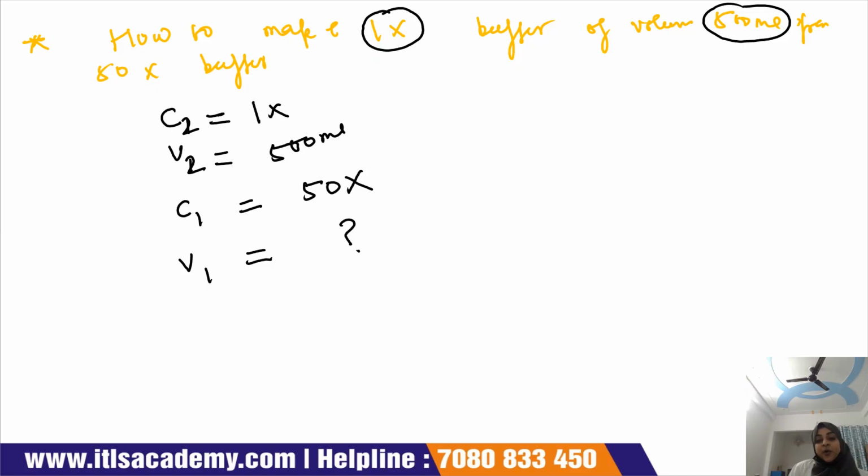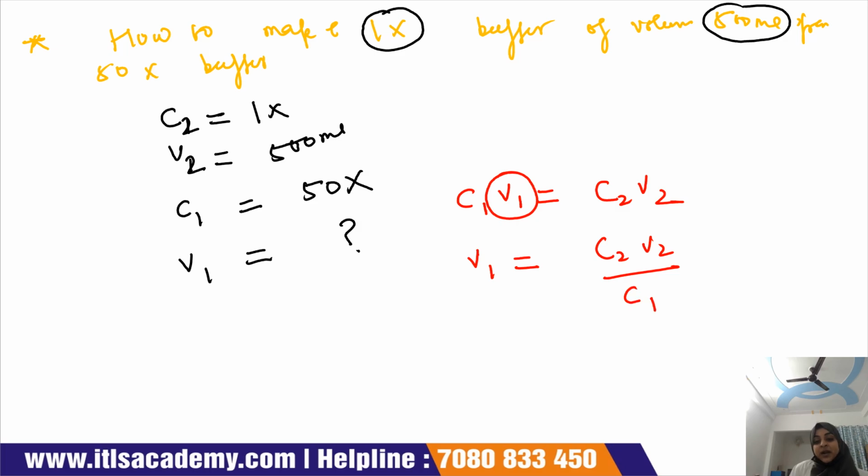So simply the formula that we are going to use is C1V1 is equal to C2V2. Now we have to calculate V1, so V1 is equal to C2V2 divided by C1. Now put all the values into the formula: 1 multiplied by 500 divided by 50.